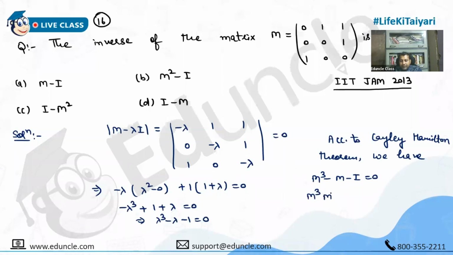So if we multiply by M inverse, M inverse is M square minus I. Clear? Yes sir.